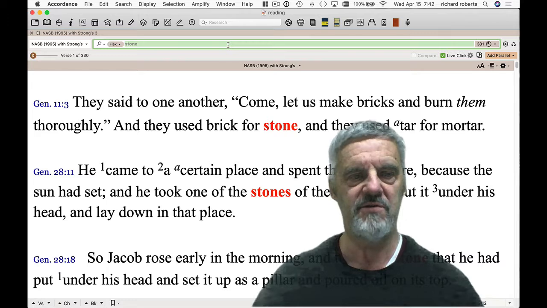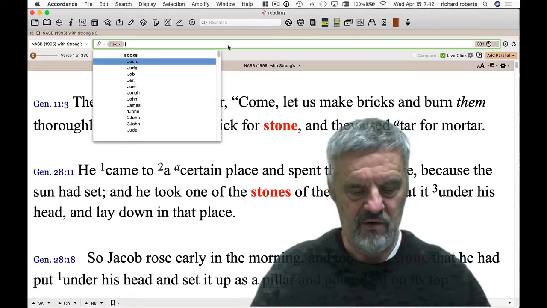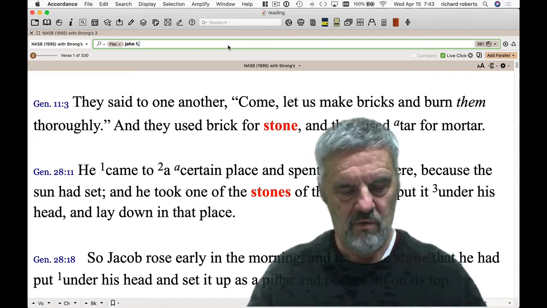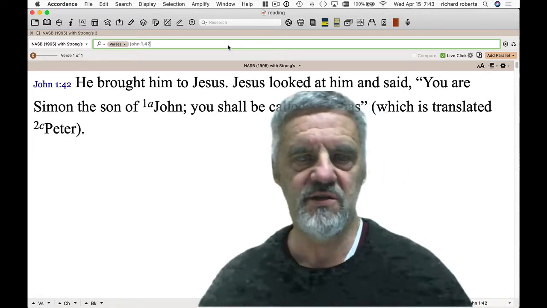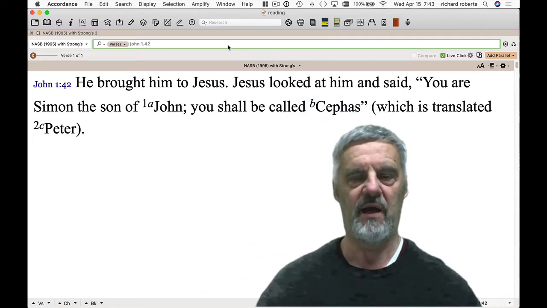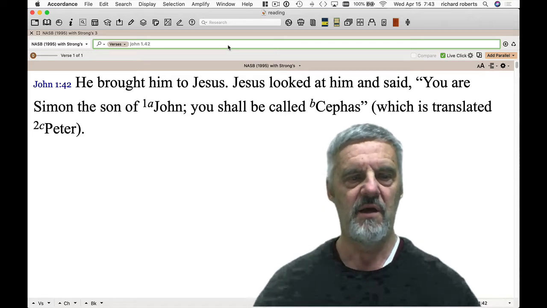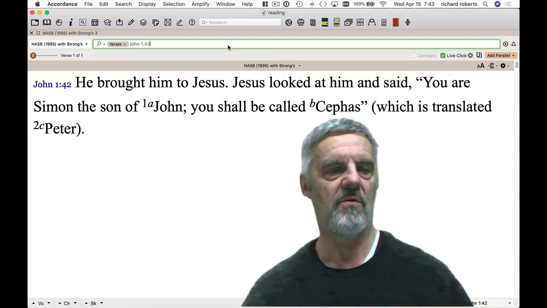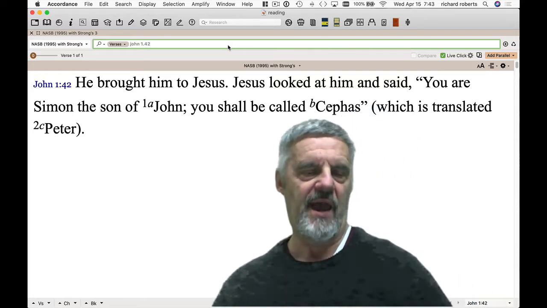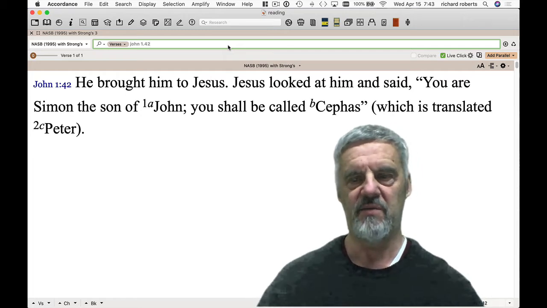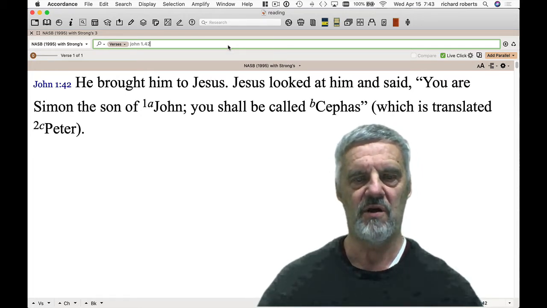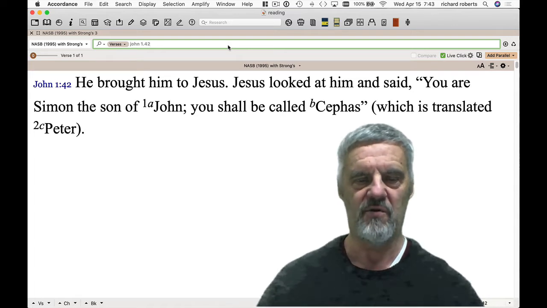The reason I'm pronouncing it for you is that if you go to John 1, I think it's verse 42, we see this word used in the New Testament as it's applied by Jesus to Simon Peter. Andrew brought Peter to Jesus. Jesus looked at him and said, "You are Simon, the son of John. You will be called Cephas," which is translated Petros.